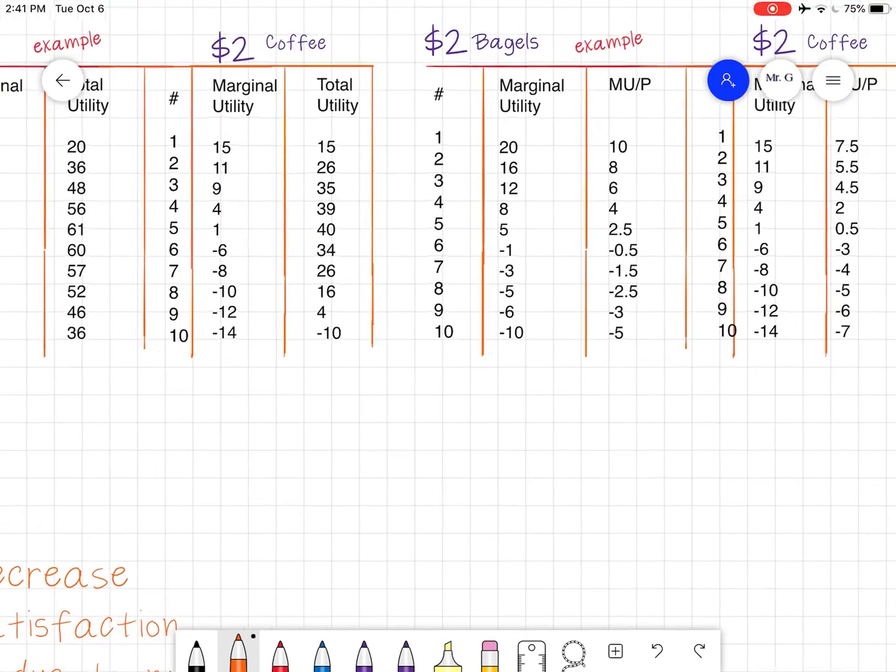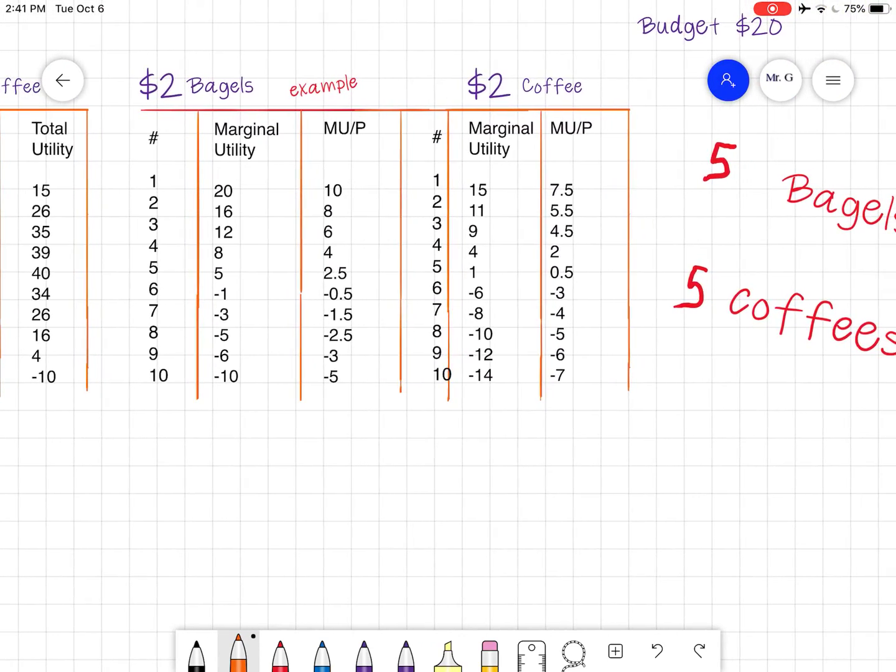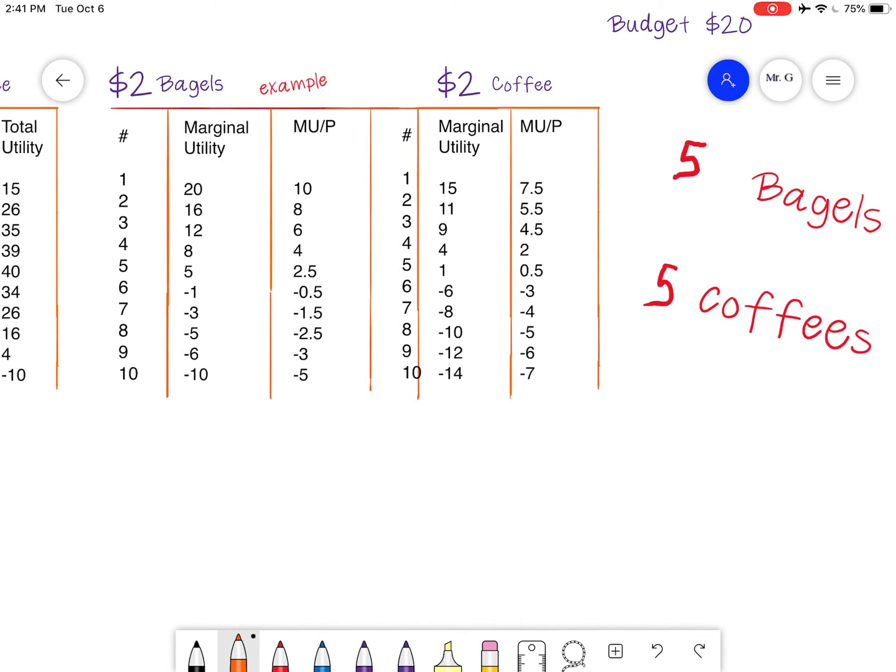And if we do it the other method, essentially we have here 5 bagels, 5 coffees, and we once again just go through and compare. We would do the same idea. We would choose 10 first, then our next one would be 8, and then 7.5, and you keep going through this option, until we get to 4, and then 2.5 would be next, and then 2.